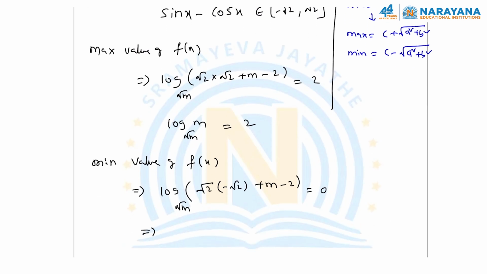So this implies log of m minus 4 to the base root m equals 0. So this implies m minus 4 must be equal to 1, m equals 5.